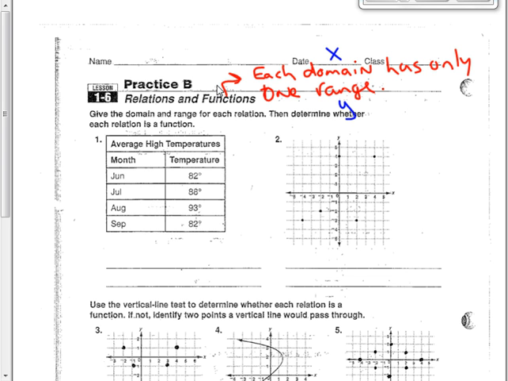Other ways to say it, each input value has only one output value. And finally, the last way is the most math technical way. Each independent variable has only one dependent variable.